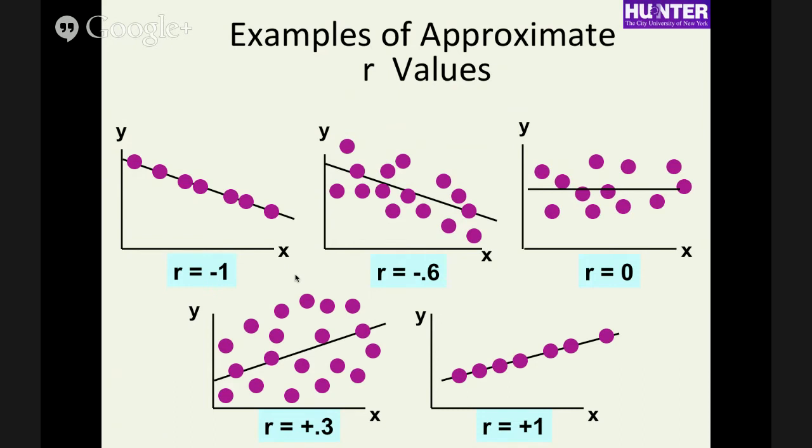So there's not exactly a tipping point, but the point is that with some experience of looking at plots and doing the analysis, you start getting a feel for what looks like an association.